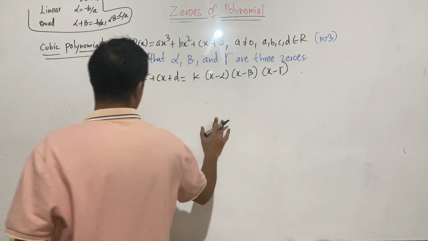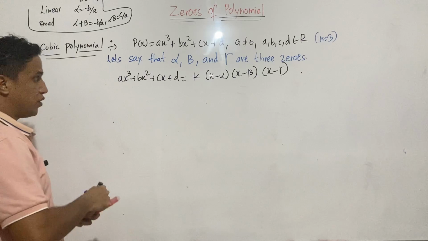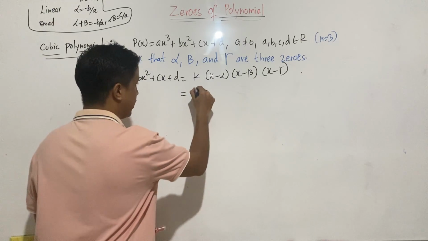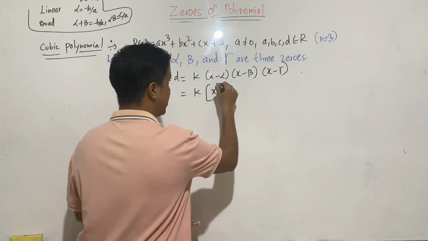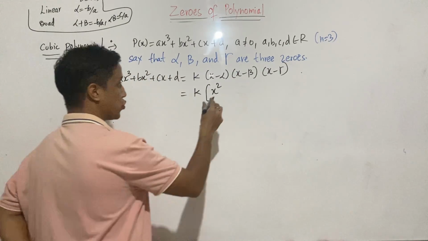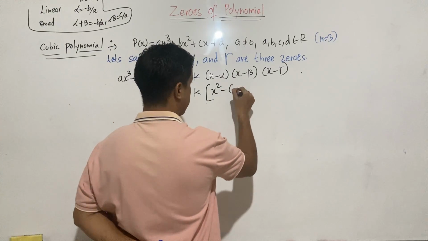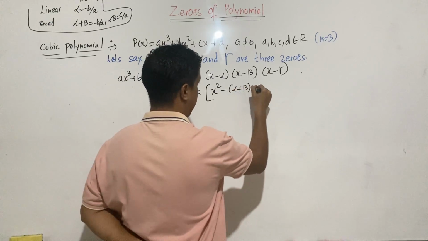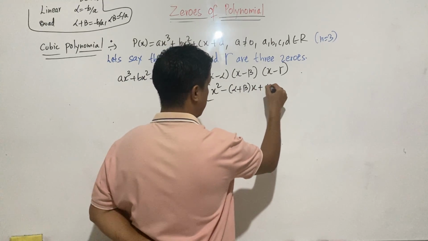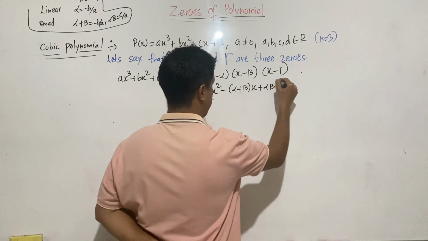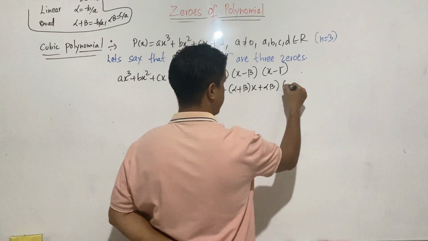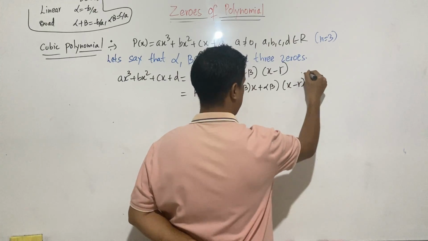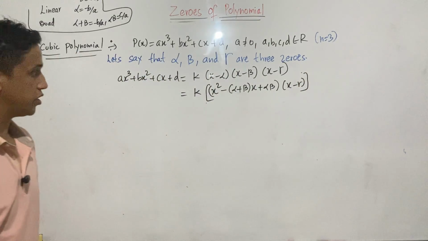Now what we'll do from here, k here, we know it because we did it before, so it would be x square minus alpha plus beta x plus alpha beta, and here x minus gamma. I hope I didn't make any mistake here.